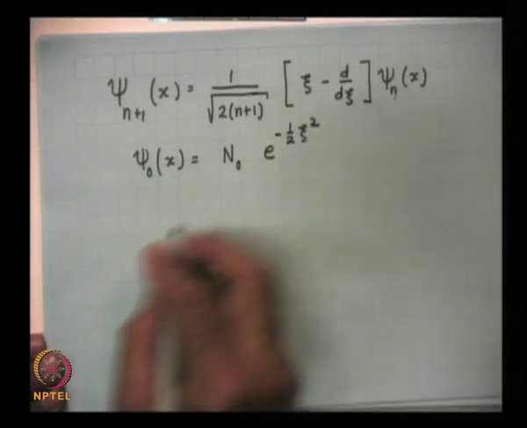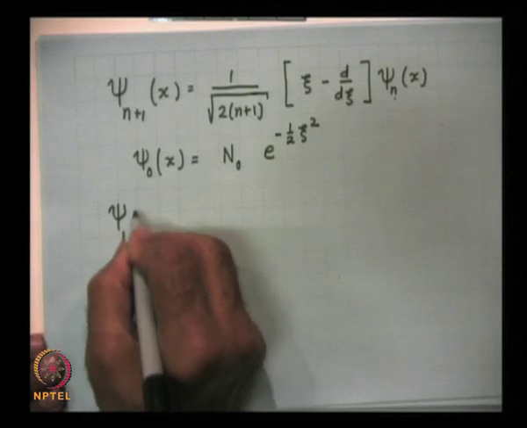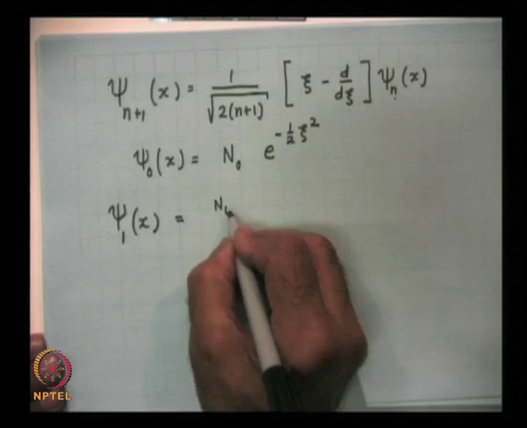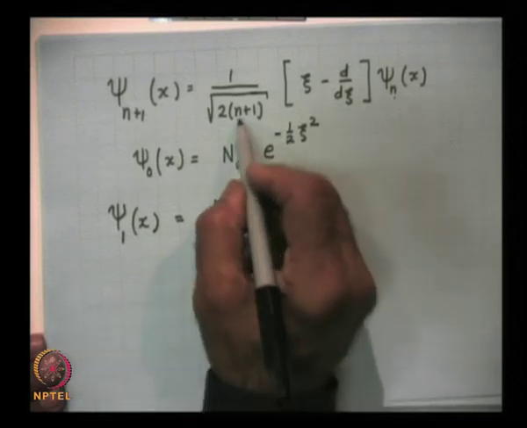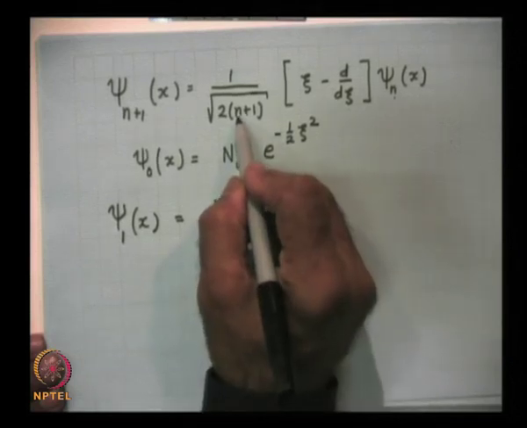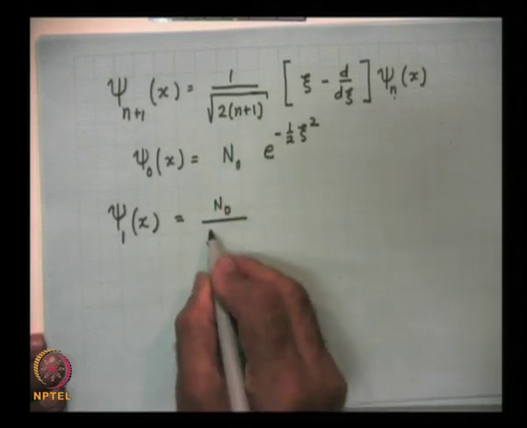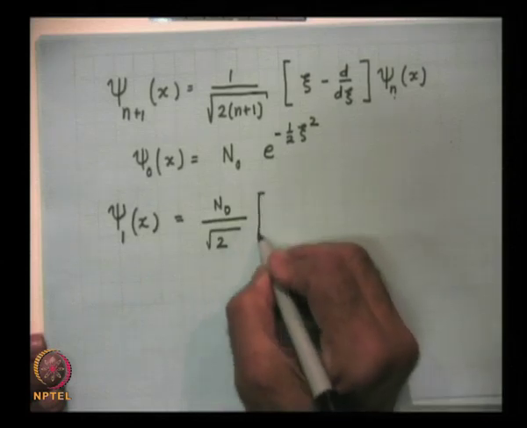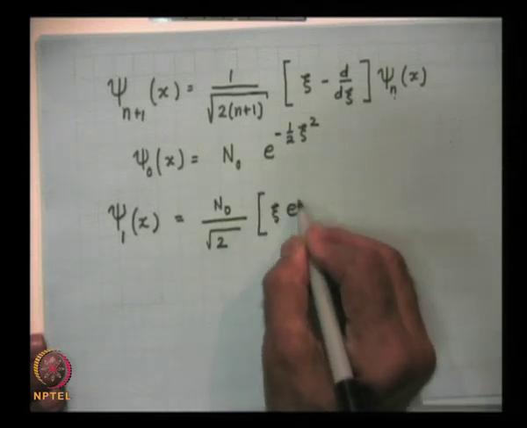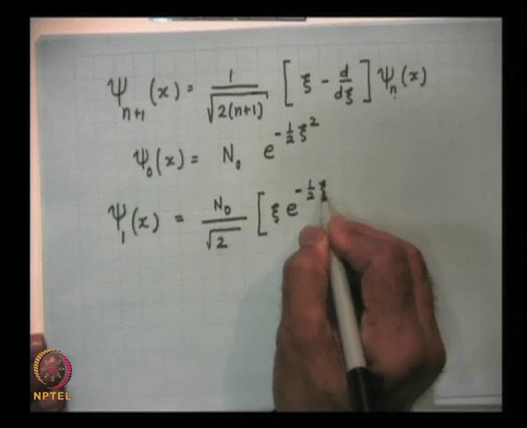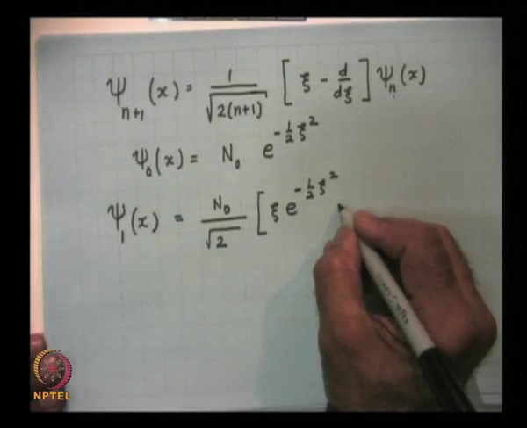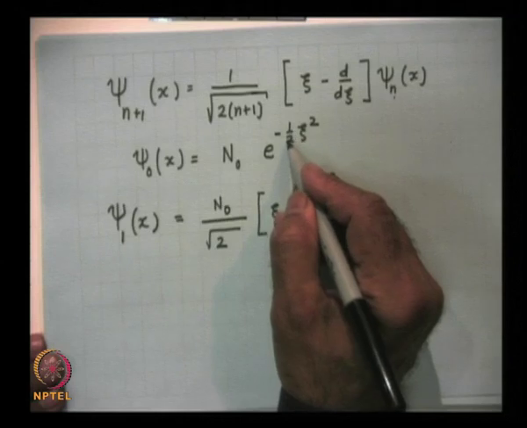So, if I substitute it there, then psi 1 of x will be N 0 divided by root 2, since this is 2 into 1, and the first term will be xi into e to the power of minus half xi square, and if I differentiate this, it will be minus xi square 2 xi by 2.